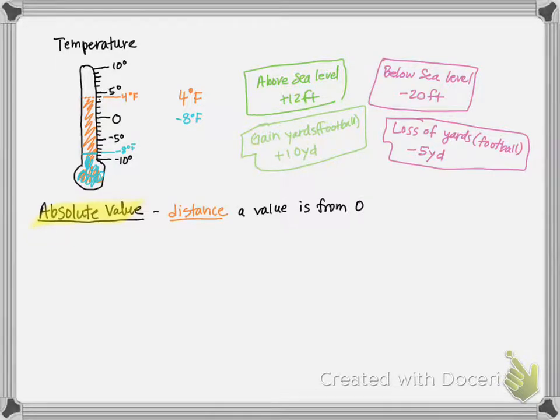So with our integers, they tell us how far to the right or how far to the left a number is. Absolute value just says how far are you from 0, okay? So here's what's interesting. If they're asking just how far, then we can only measure with positive numbers.